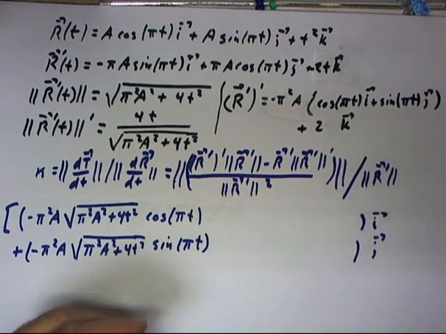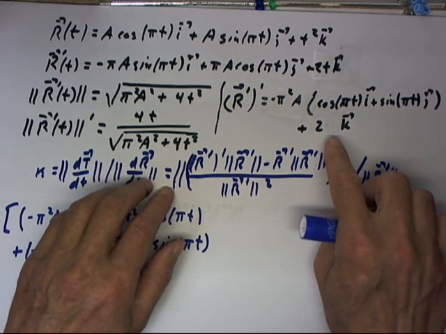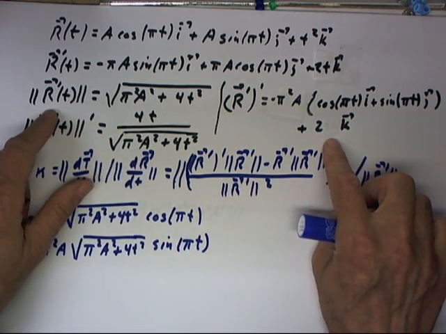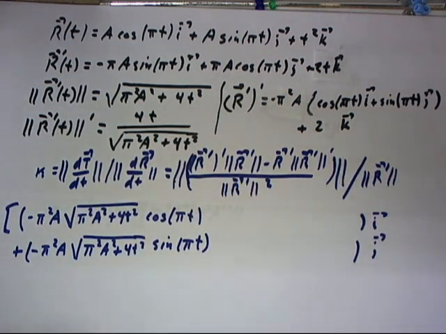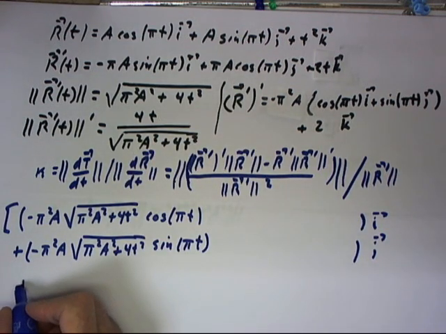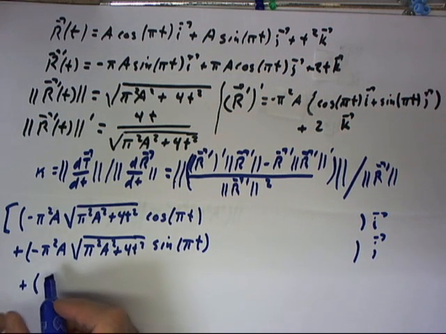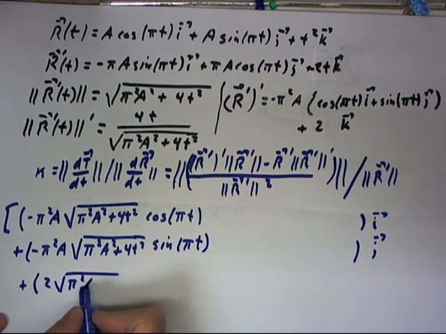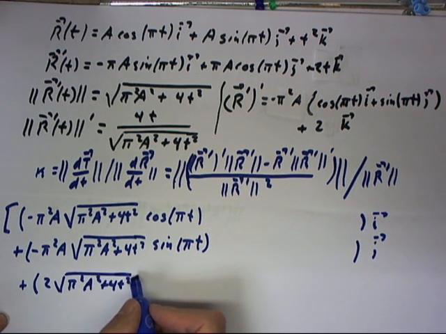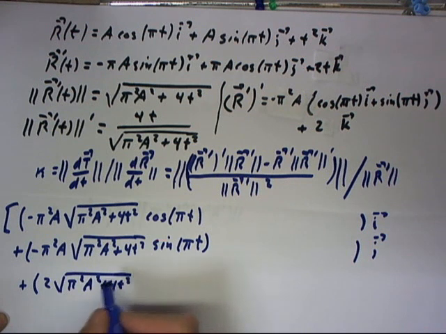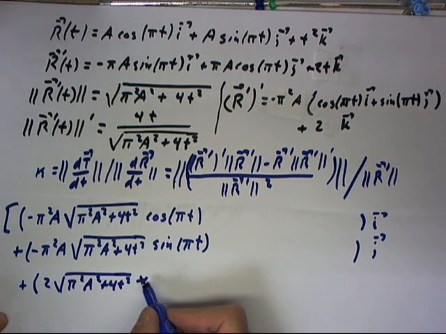I'm going to just put a piece of paper there. Spacing doesn't look too good, but let's hope we've got that right now, so that when we do our magnitude of r prime times r double prime, we're also going to have a plus quantity 2 square root of pi squared a squared plus 4t squared multiplied by 2.